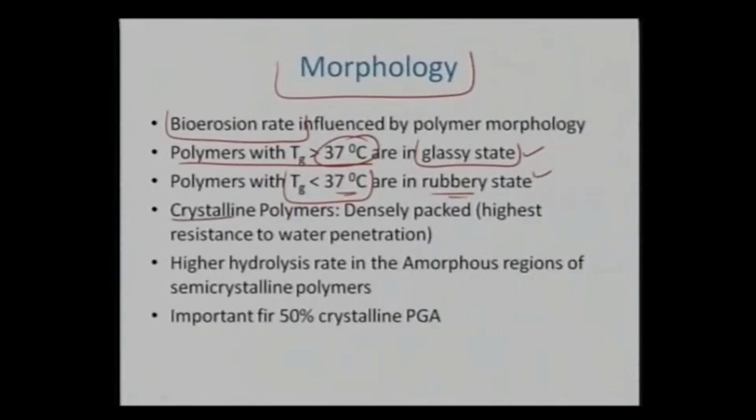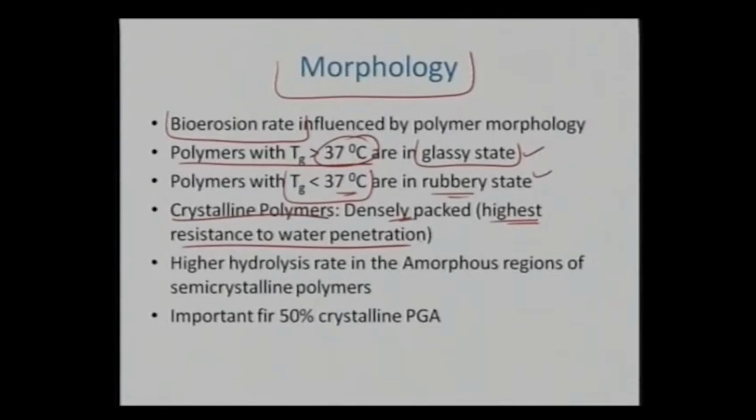In the case of crystalline polymers, they are very densely packed. So once they are densely packed, it becomes highly improbable that water can get very easily into the bulk of the material. So the crystalline polymers show the highest resistance to water penetration. So there is a combination of all this.